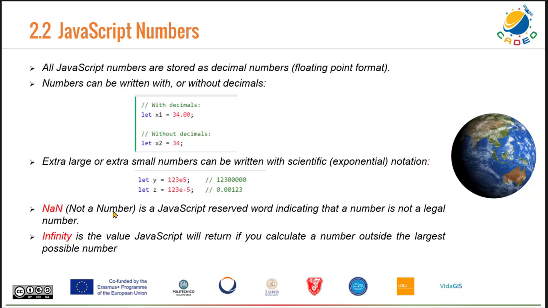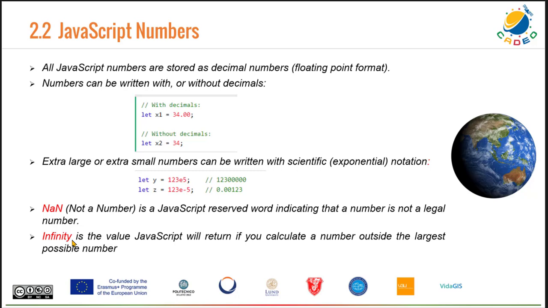You can use the global JavaScript function isNaN to find out if a value is not a number. Watch out for NaN. If you use NaN in mathematical operations, the result will also be NaN. The data type of NaN is number.